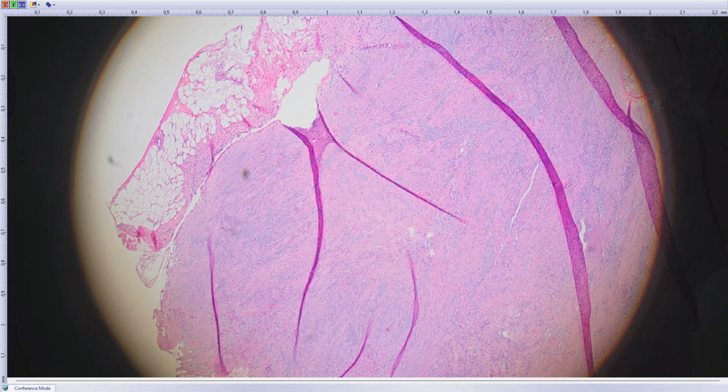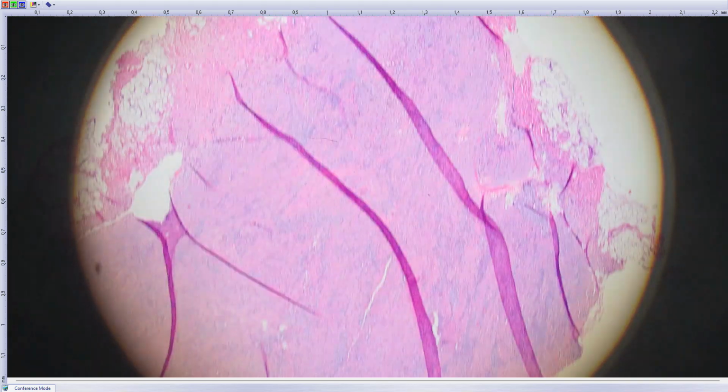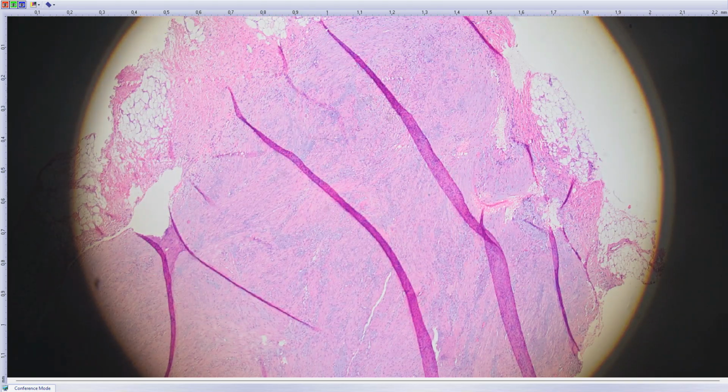Okay, I'll show you one paper later. There is a known molecular alteration in typical myofibromas with PDGFR-B mutations, and these mutations are targetable with imatinib or other kinase inhibitors. So this can be a helpful therapeutic option for these patients.